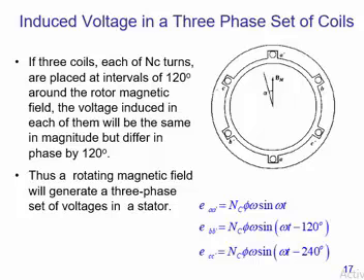Then the induced voltages for BB bar and CC bar loops would also have the same magnitude, but their angles would differ by 120 degrees. As you can see from these three equations, they have a phase difference of 120 degrees with each other.